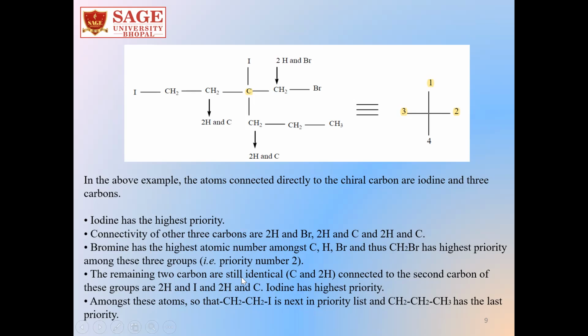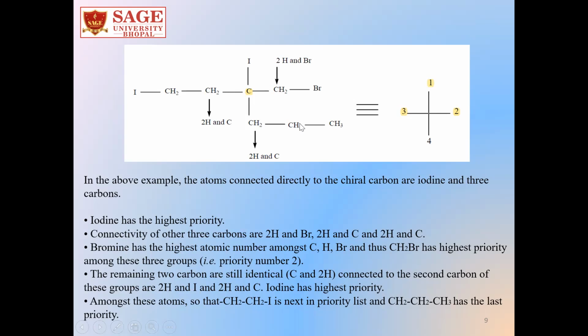Now the remaining 2 carbons are still identical, that is carbon and 2 hydrogen. We look at the second carbon of these groups. In the second carbon here we can see it is attached to 1 iodine and 2 hydrogen.